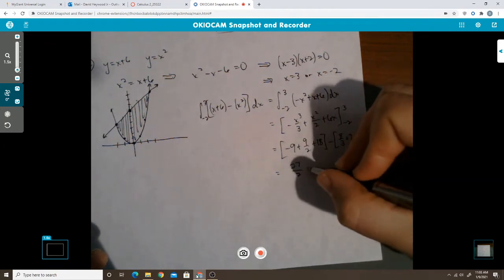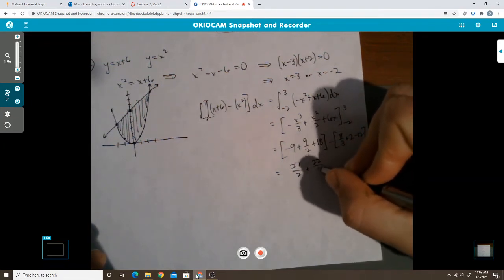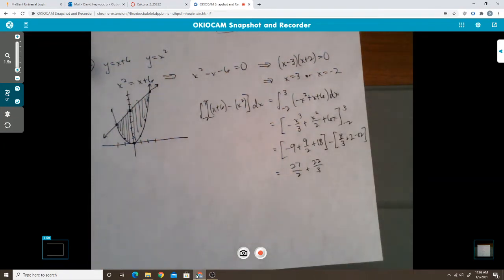Negative and a negative make it a positive, so we're going to get plus 22 thirds. Again, check my arithmetic, but I think that should be right. I did all that work in my head just to check in my calculator, but no, that's correct. Okay, so 27 halves plus 22 thirds is 125 over 6.